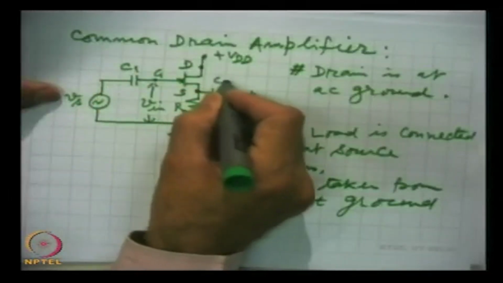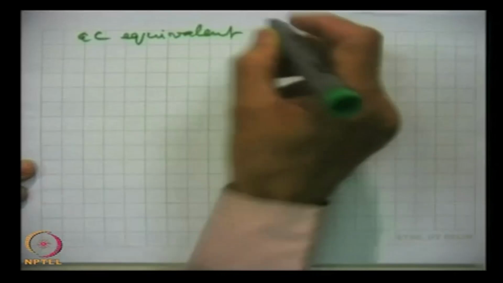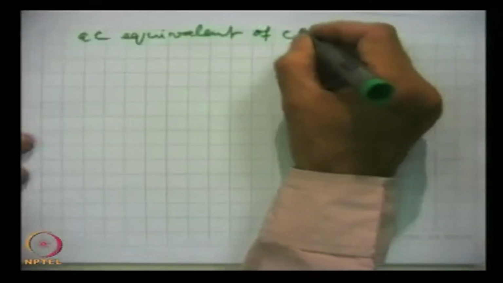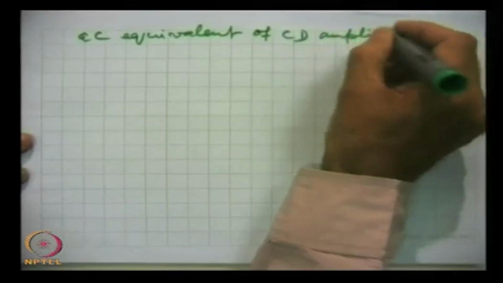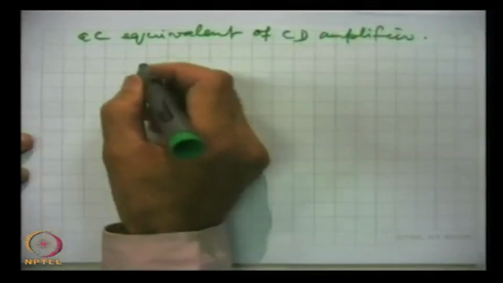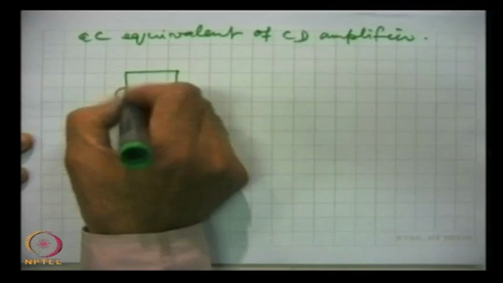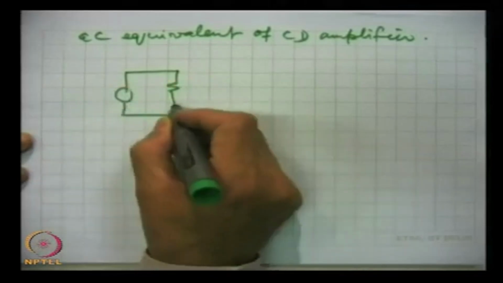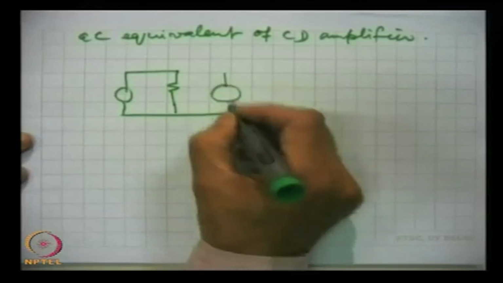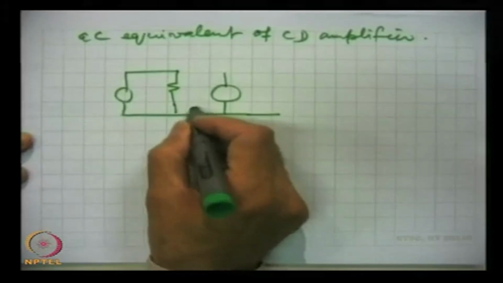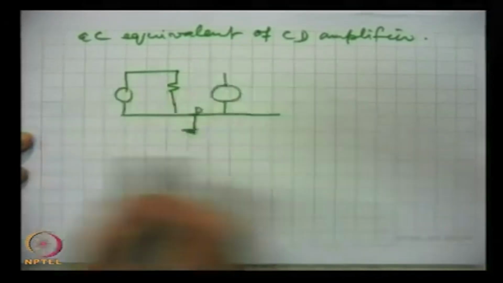These are the coupling capacitors C1 and C2, and we draw the AC equivalent of this figure, of the common drain amplifier, and this is the drain terminal at AC ground. This is the AC equivalent circuit.